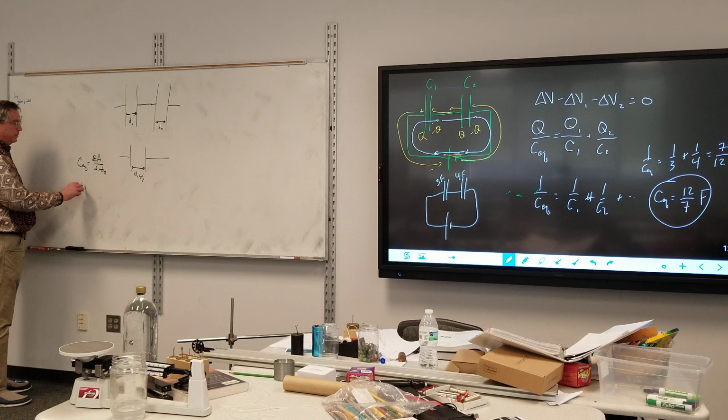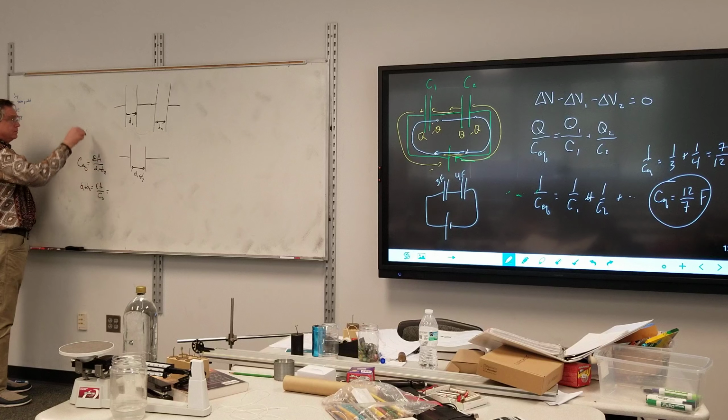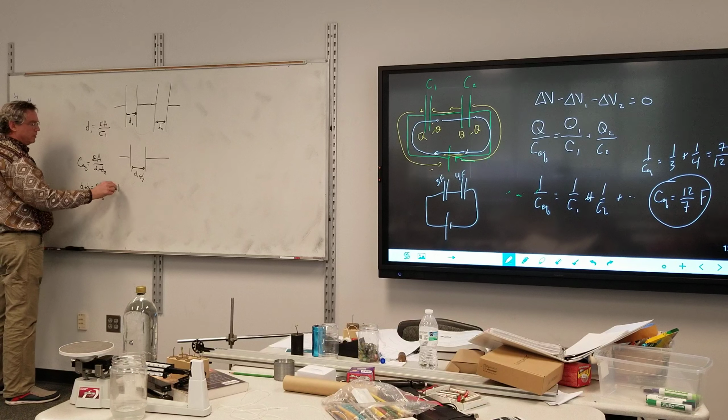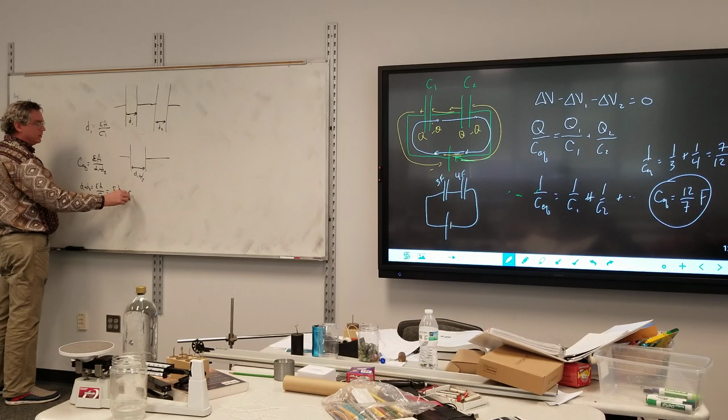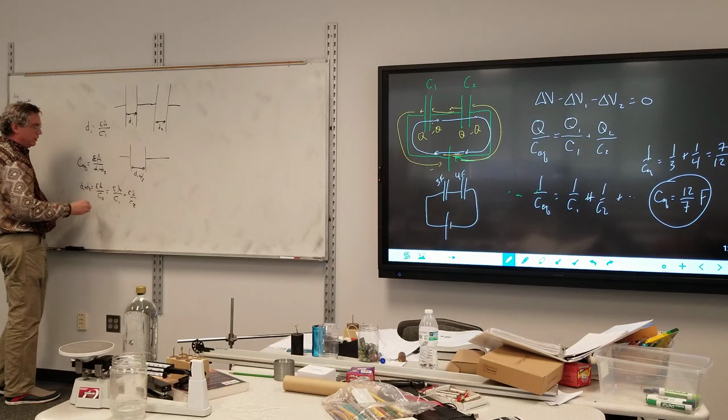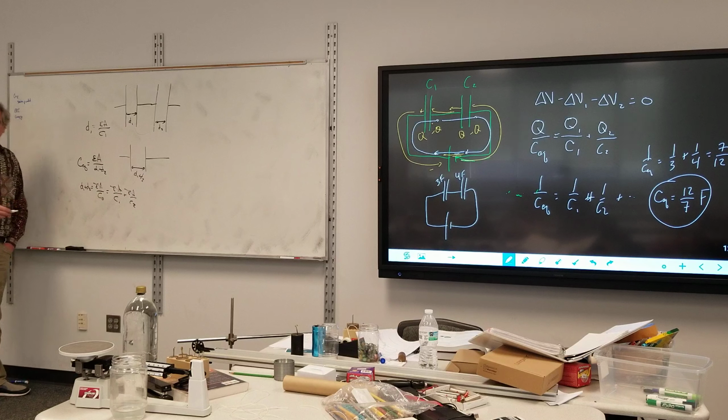Therefore, D1 plus D2 is equal to epsilon A over C sub naught. And that should be the same as D1, which would be epsilon A over C1. So this becomes epsilon A over C1 plus epsilon A over C2, and you get the same place.